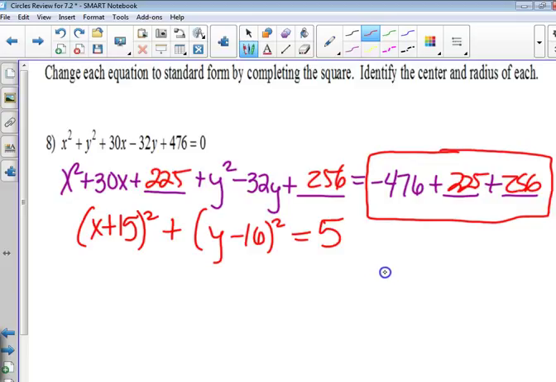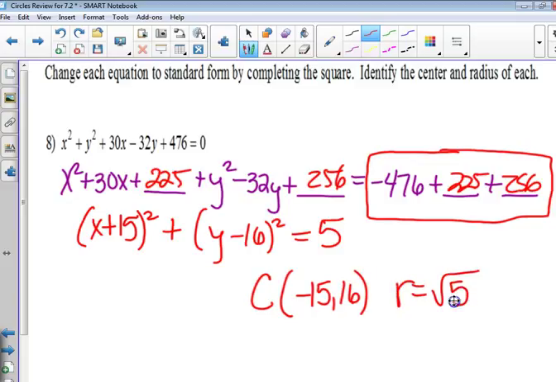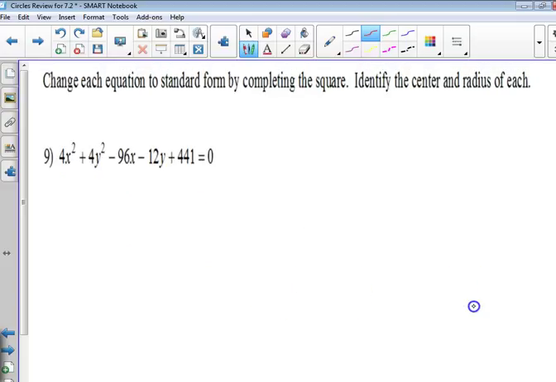Did everybody else get 5? Okay, center. And the radius would be an ugly square root of 5, which is a little over 2, right? All right. Any questions?